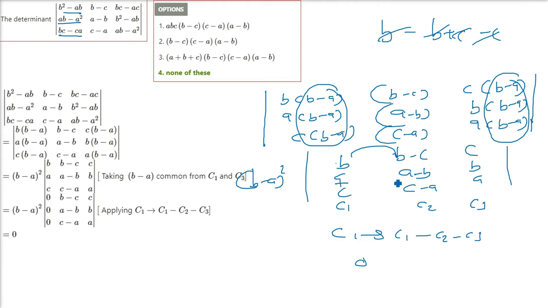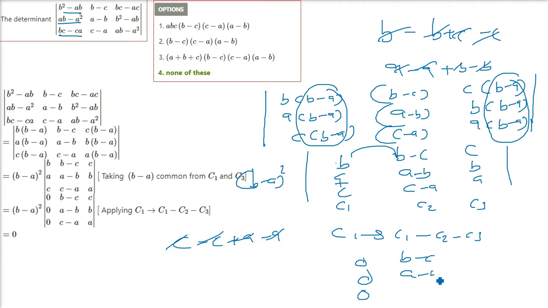And this is 0. Then we have the same thing here. A minus a plus b minus b, again 0. C minus c minus a plus a, this all gets cancelled, 0. So other things I am writing, but I can see that one of the columns is 0. When one of the columns or one of the rows is 0, the determinant will be 0.